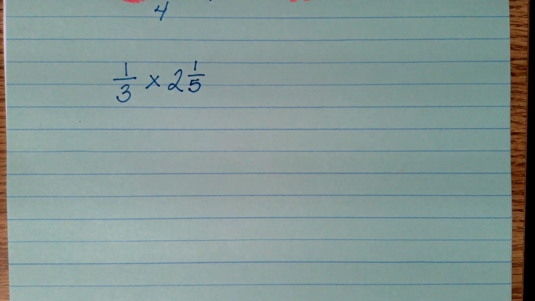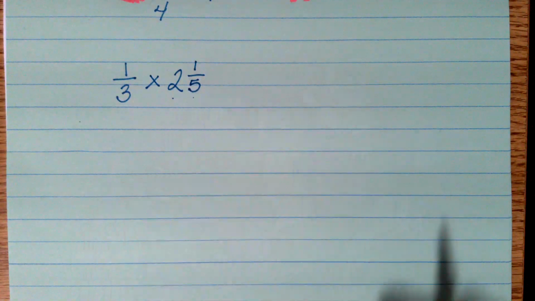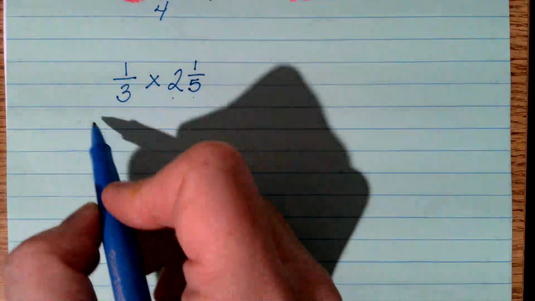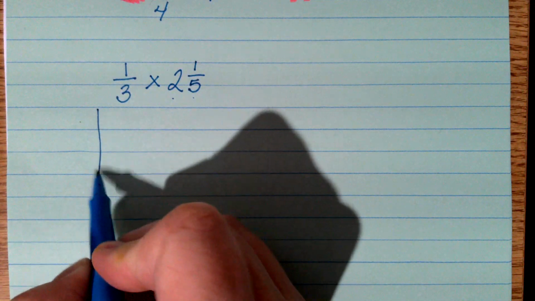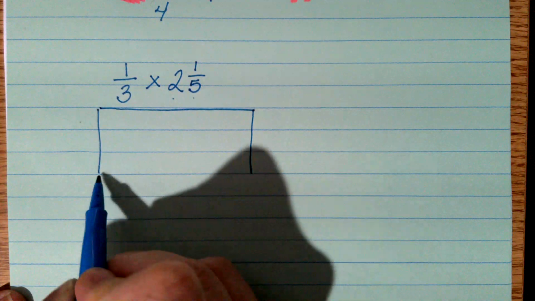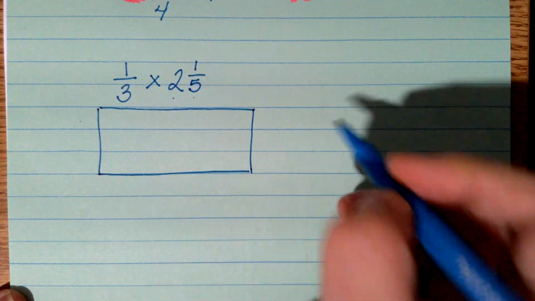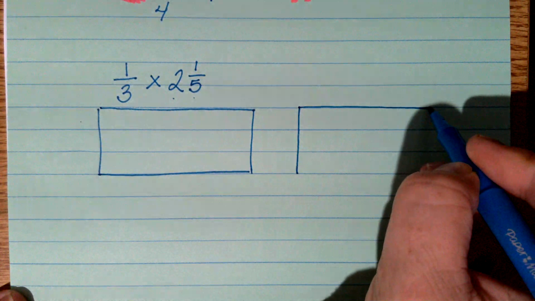I base the number of rectangles I'm going to draw on the fact that this tells me I have 2 wholes and a little bit more. So I'm going to draw a rectangle to represent 1 whole. I'm going to draw a rectangle to represent the second whole.